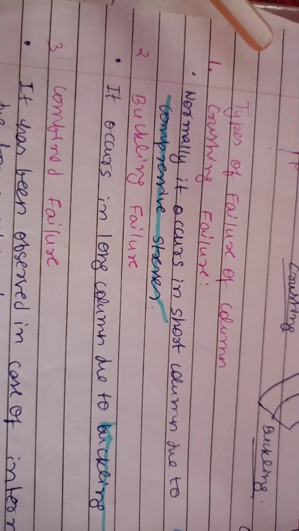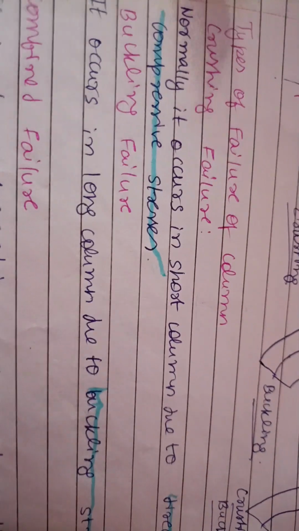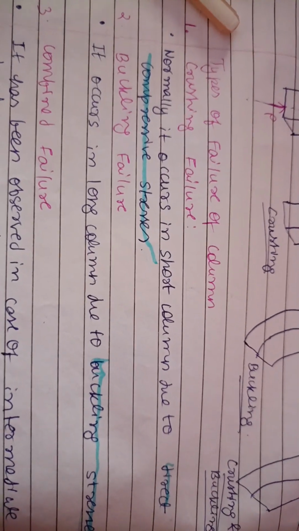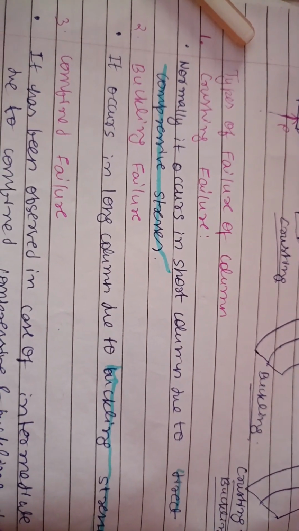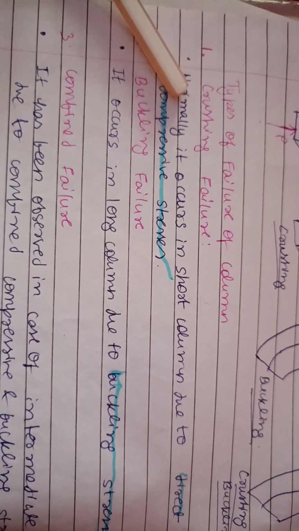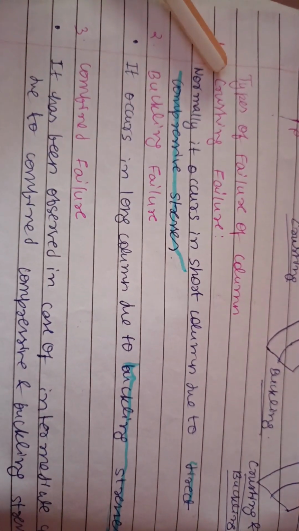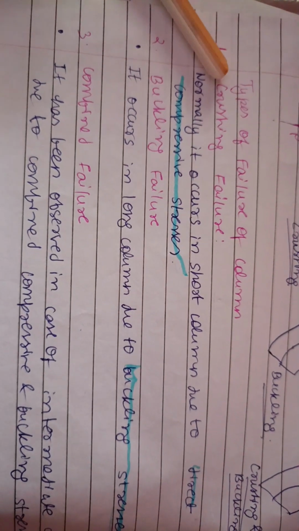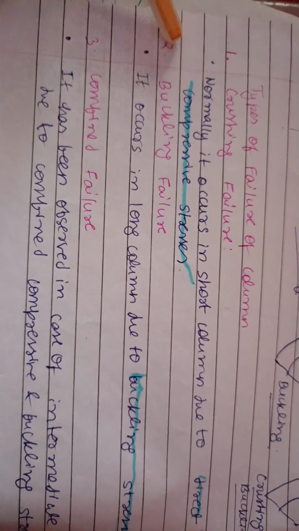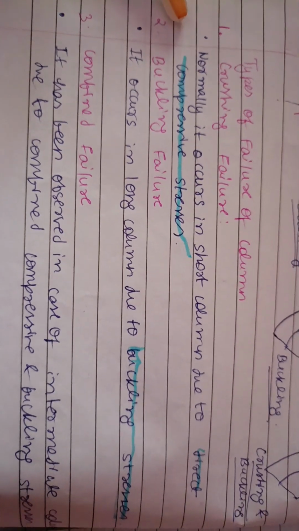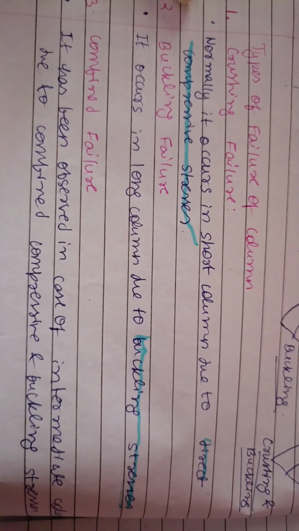Crushing failure normally occurs in a short column due to direct compressive stresses. So crushing failures occur due to direct compressive stresses, and generally in short columns. Now buckling failure occurs in a long column due to buckling stresses.